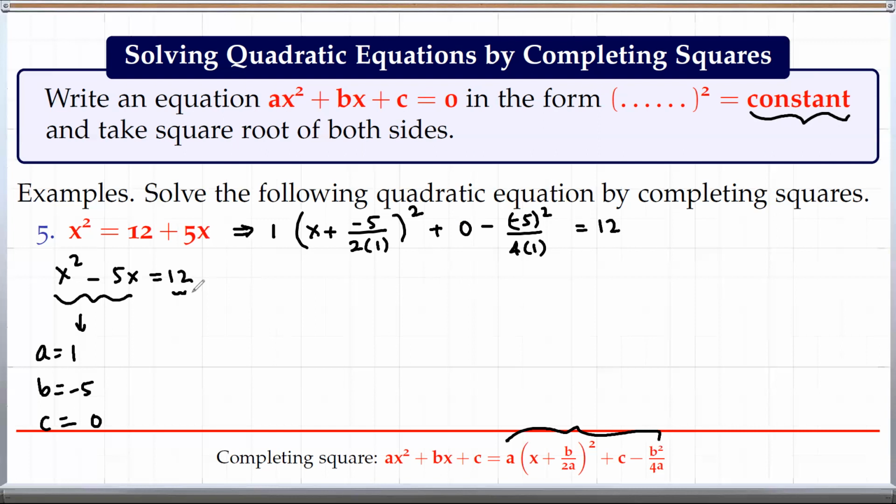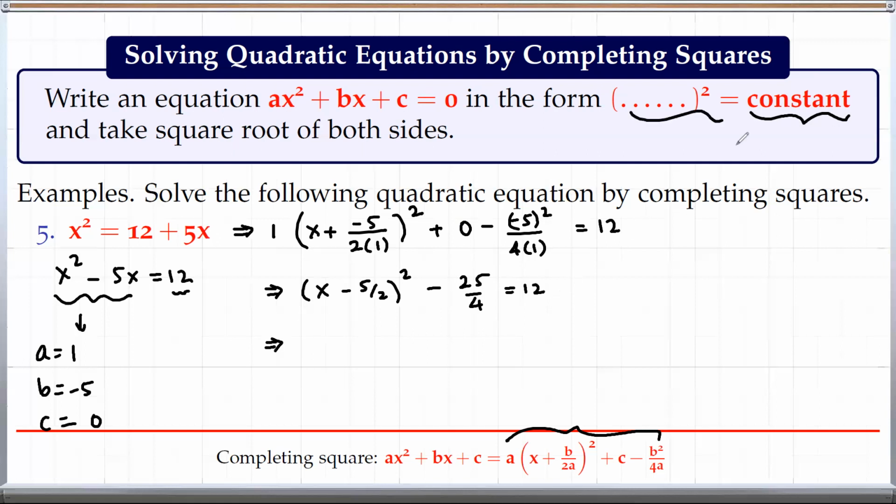We need to keep that as it is. Let's simplify this equation a little further. We have x minus 5 by 2 squared over here. And then here we get minus 25 by 4 equals 12.